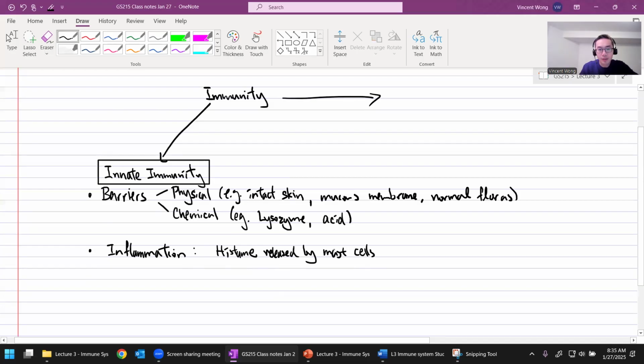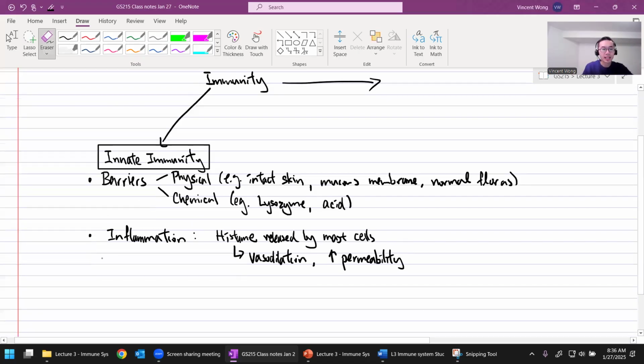And that's going to trigger the inflammatory response with the vasodilation. I'm just going to write it down for you. Vasodilation makes the blood vessels bigger and it increases permeability. So it's easier for the white cells and the plasma proteins to exit the blood vessels when they get to the site of injury. Okay, so that's inflammation.